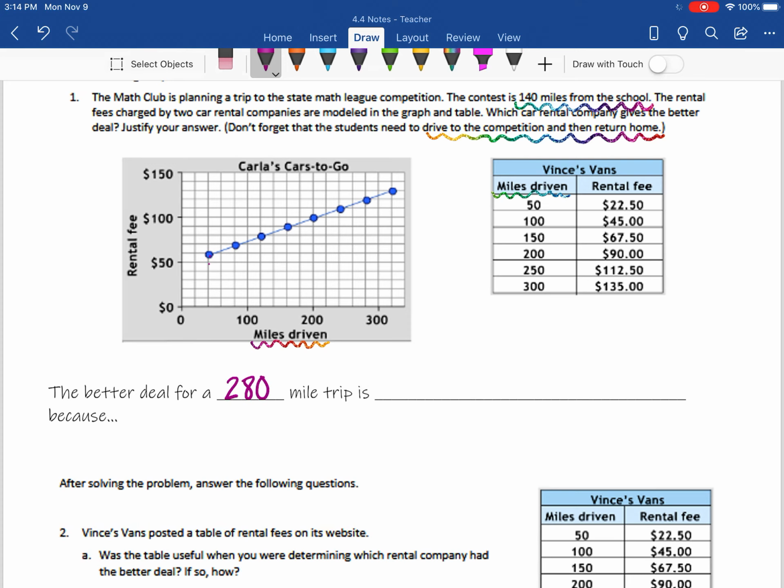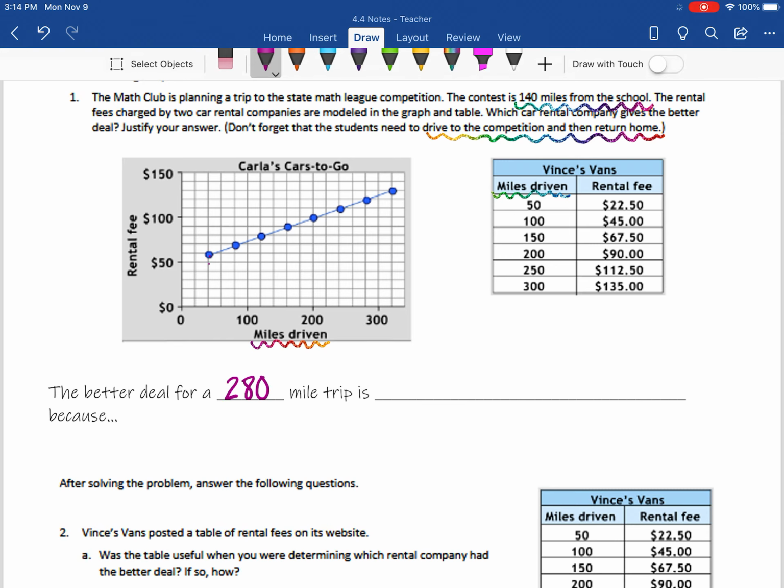Okay, so first thing we need to do is look at this graph for Carla's Cars to Go, and we're looking for 280. So first I need to figure out what I'm counting by on my x and my y axis, that way I can find the correct values that I'm looking for. And if I look, I have 1, 2, 3, 4, 5 blocks between 0 and 100.